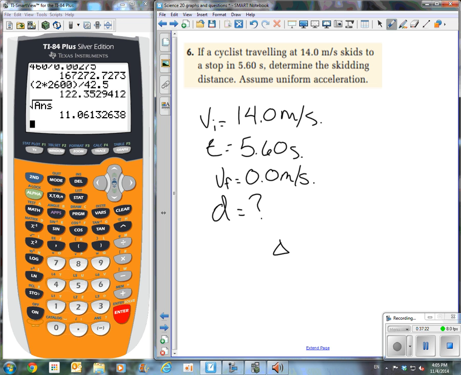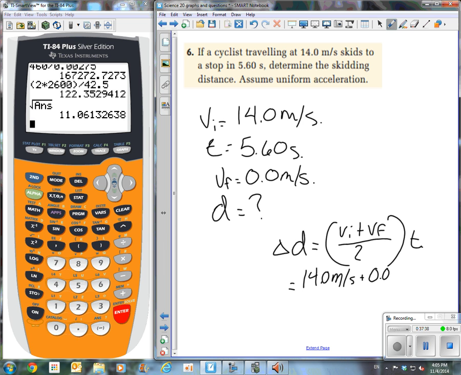Displacement equals VI plus VF all over 2 multiplied by time. So I've got 14.0 meters per second plus 0.0 meters per second all over 2 multiplied by time, and the time is 5.60 seconds.